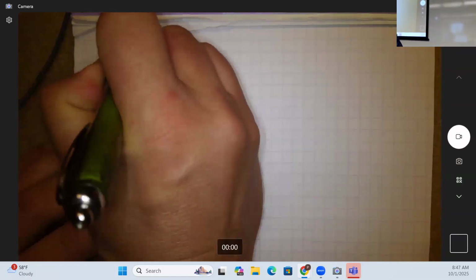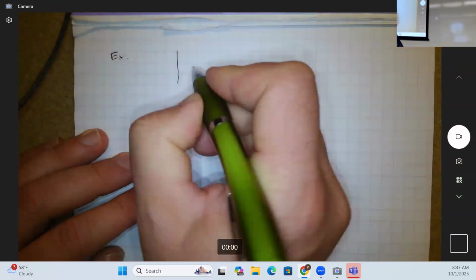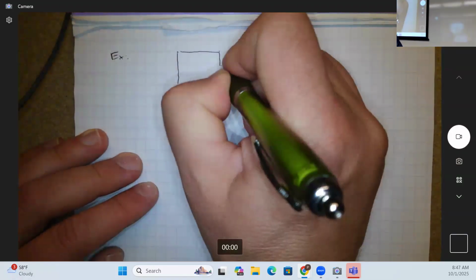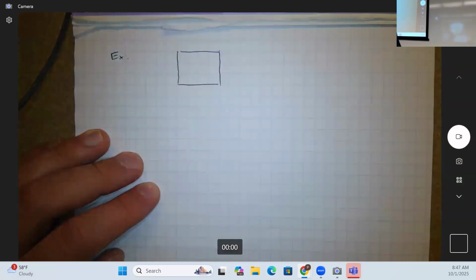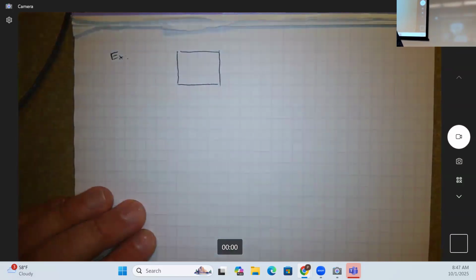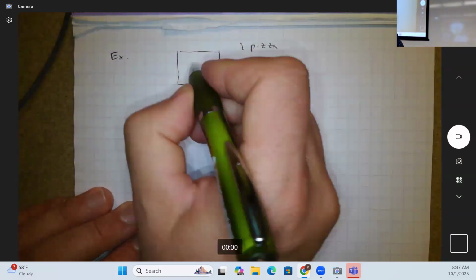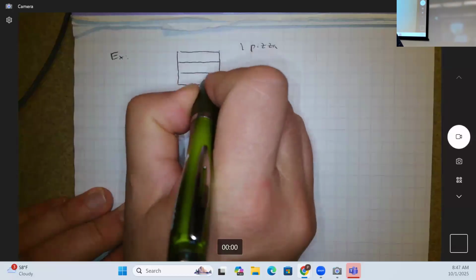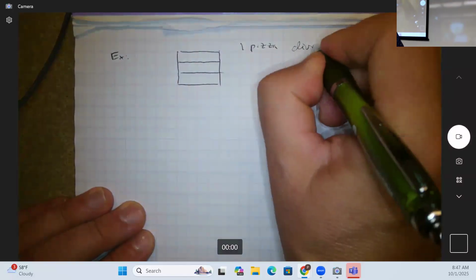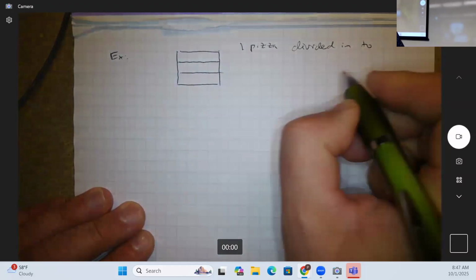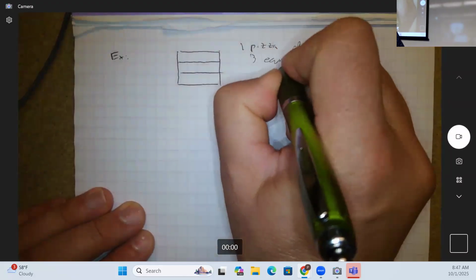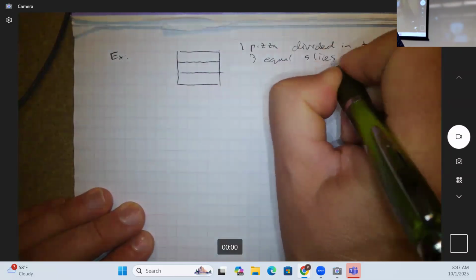But I am going to show you, how about we do a Chicago style deep dish pizza, right? That's rectangular. So this is still one pizza. And now I'm going to divide it into 3 long slices, into 3 equal slices.